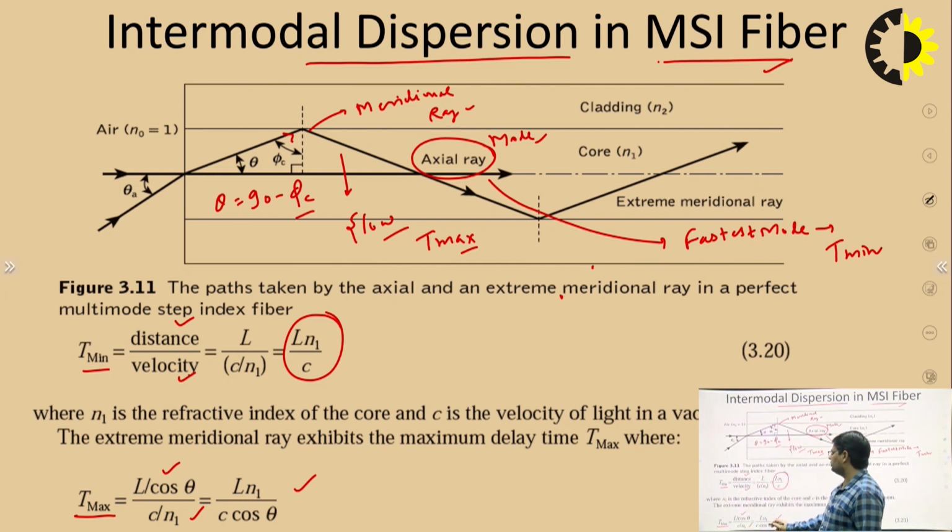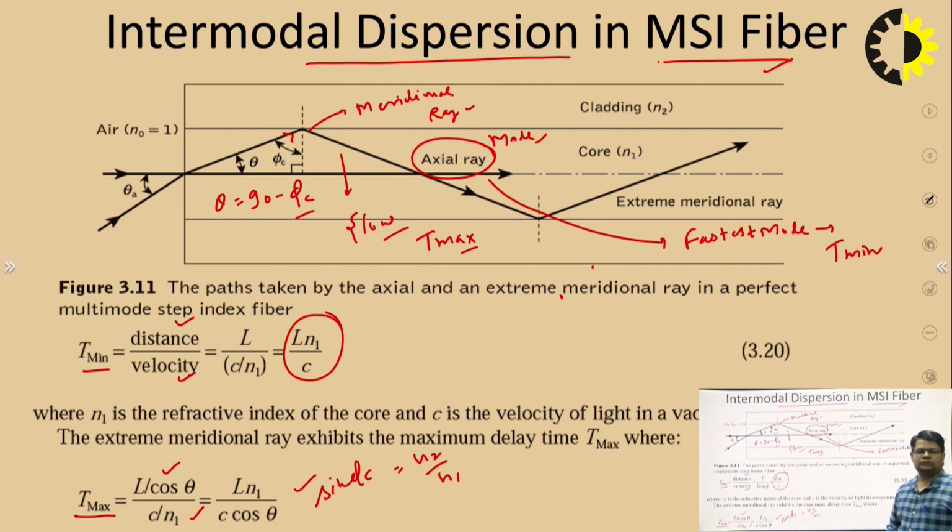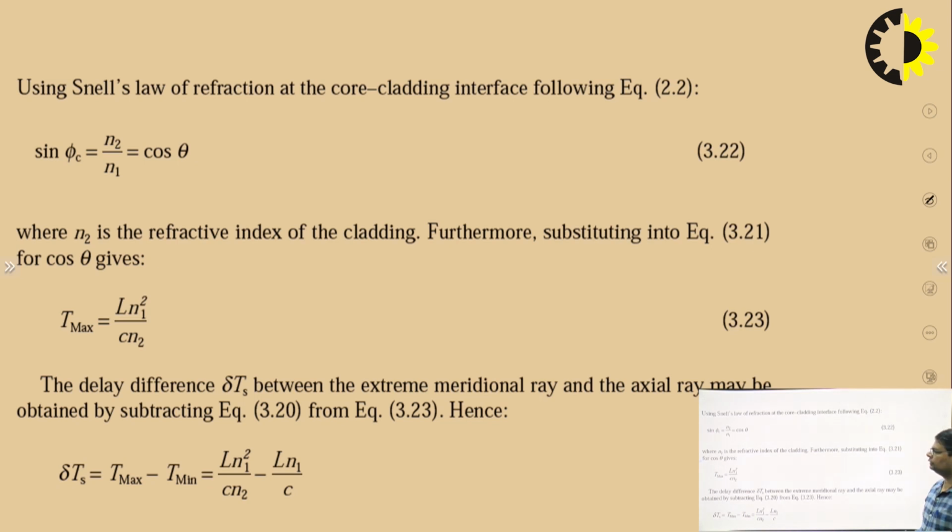So it will be cos of 90 minus phi c, that will be sin of phi c. And we know that sin phi c equals n2 by n1. So we can put that here and calculate T max in terms of n1 and n2.